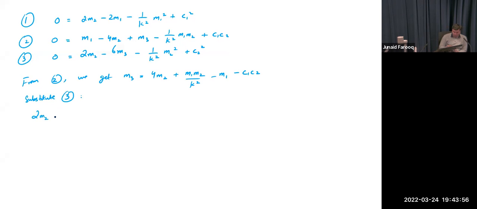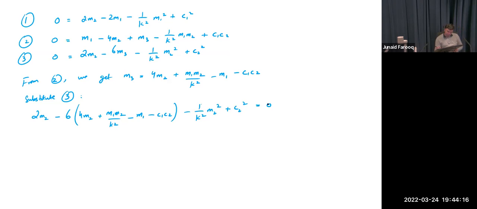So 2m2 minus 6, and then this whole expression. Okay, then 1 over k squared m2 squared plus c2 squared equals 0. Now we've got m1 and m2 here.